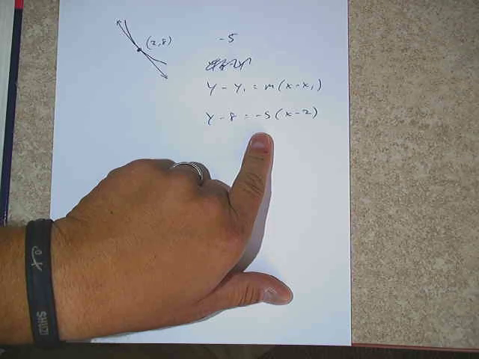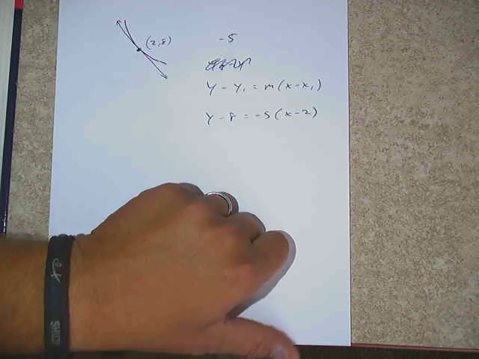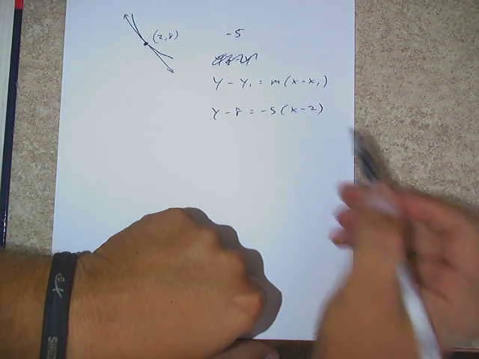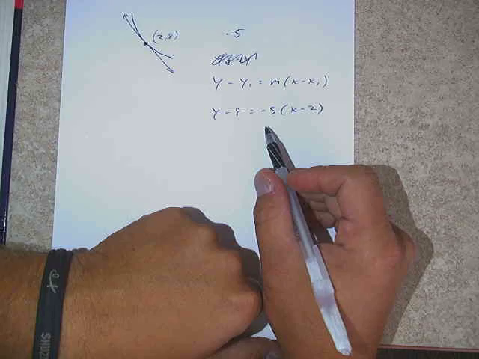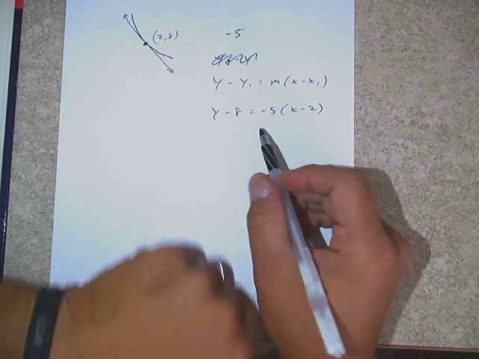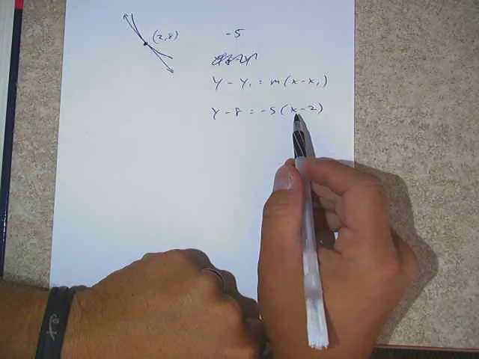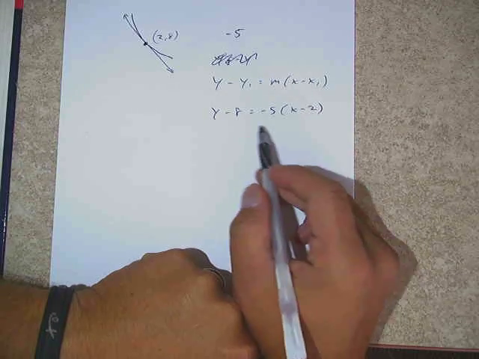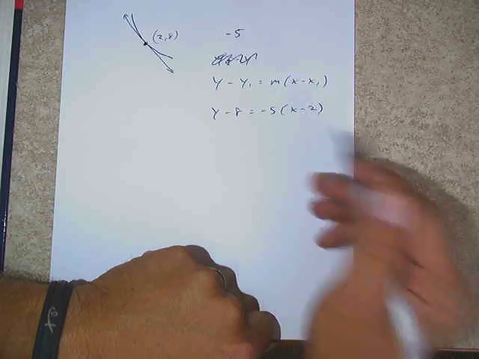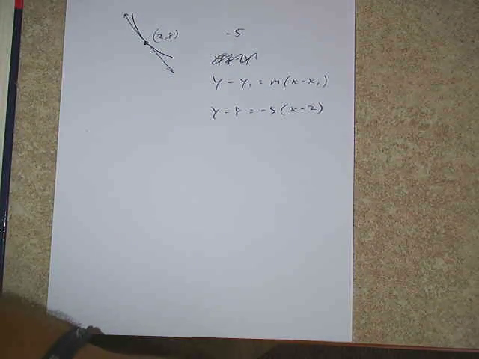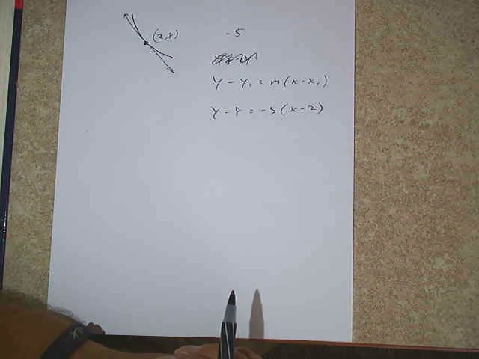So the point-slope form, we're going to essentially just fill in the blanks. And really, as soon as you see in any problem, write the equation for a line, you can write down the point-slope form immediately. And then know that we just have to find two things, a point and a slope. So if we put those in, as such, that right there would be the answer. This would be the equation for our tangent line in this problem.